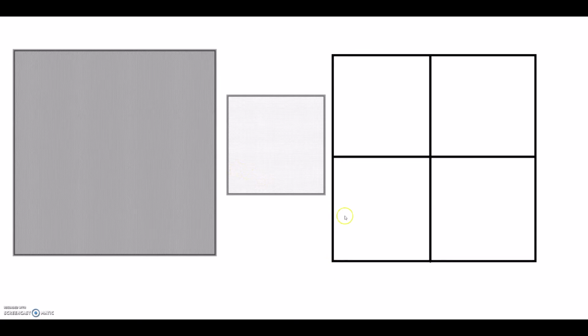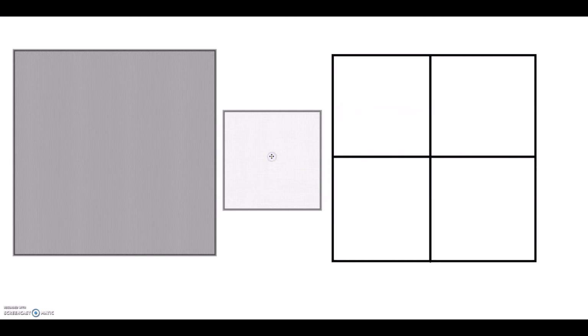So let's start out really simple with this 2 by 2 checkerboard, and let's figure out how many squares are on this board. Well, I see these 1 by 1 squares, and I see 1, 2, 3, 4 of these 1 by 1 squares on the checkerboard. I'm going to label this as a 1 by 1, and I see 4 of them.